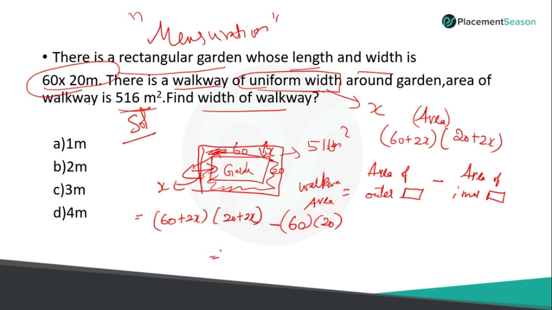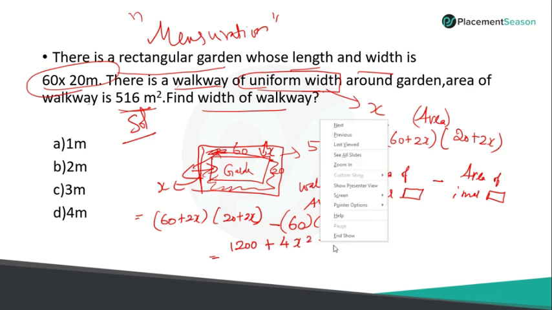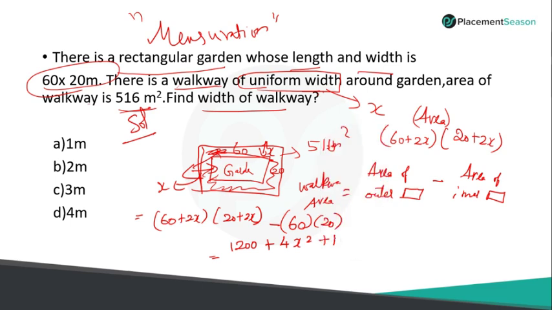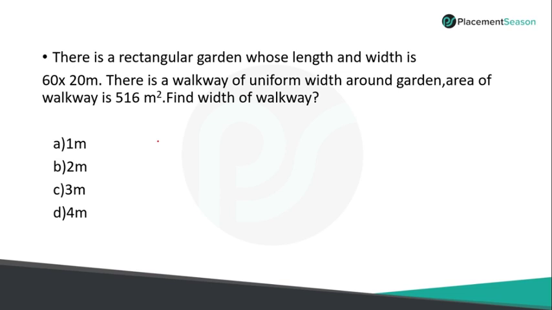So if you do the calculation, you'll be getting 1200 plus 4x square plus 160x minus 1200, where 1600 minus 1200 is the cross term. Clear? So finally you will be getting a quadratic equation: 4x square plus 160x is equal to 516.